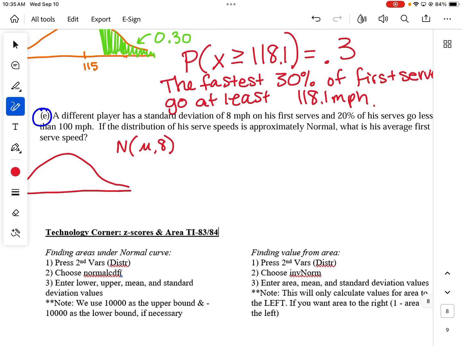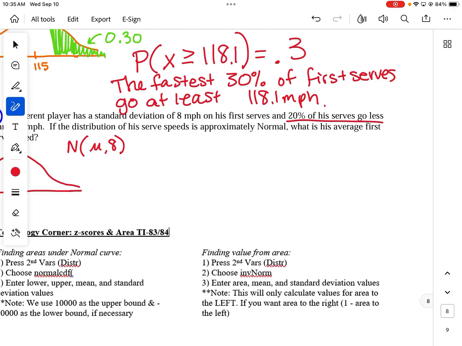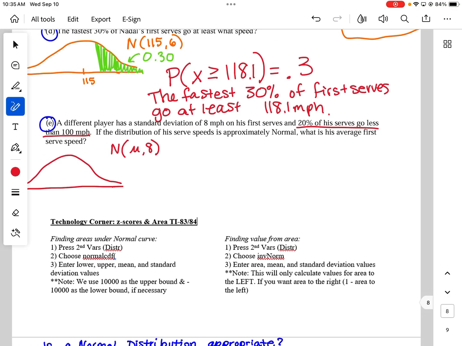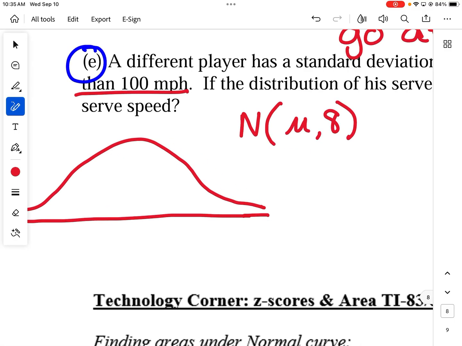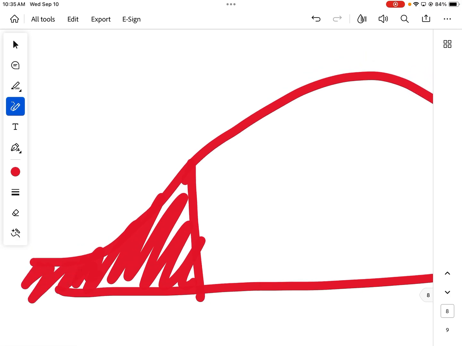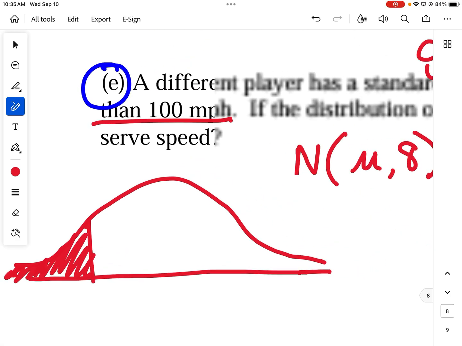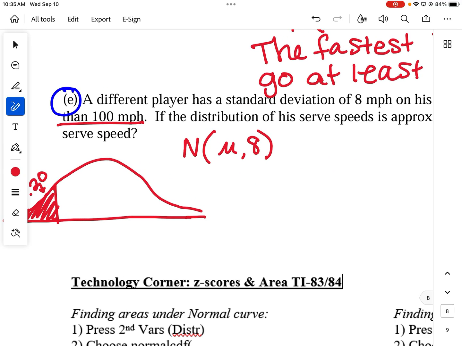Okay, what else do we know? 20% go less than 100 miles per hour. So 20%. So is that going to be on the left side or right tail? Left. So we'll shade. It's going to shade all the way out, right? So it says 20% is that area. And do we know the value of the 20%? Yeah.